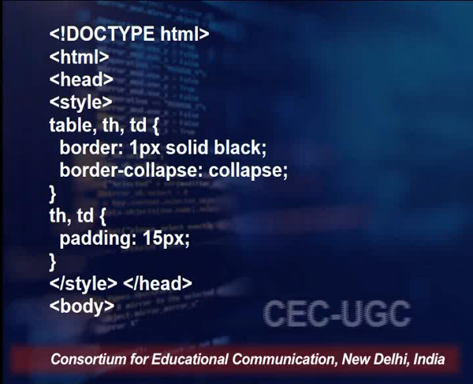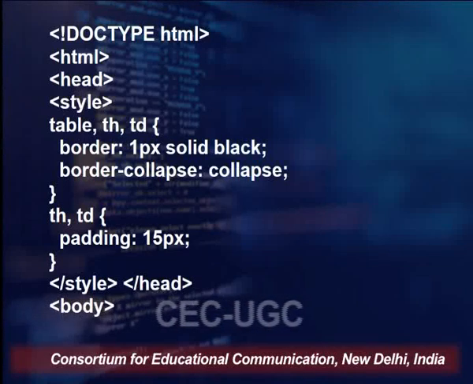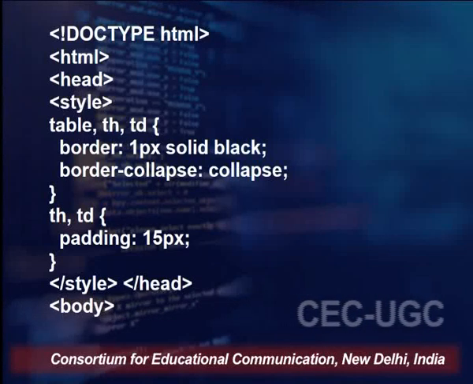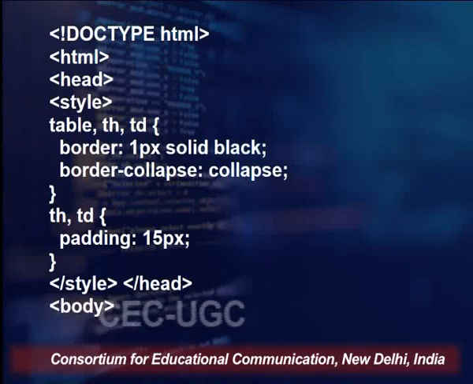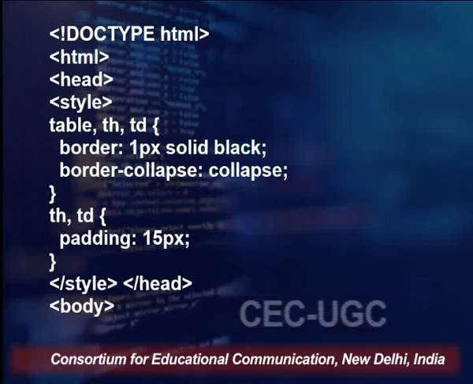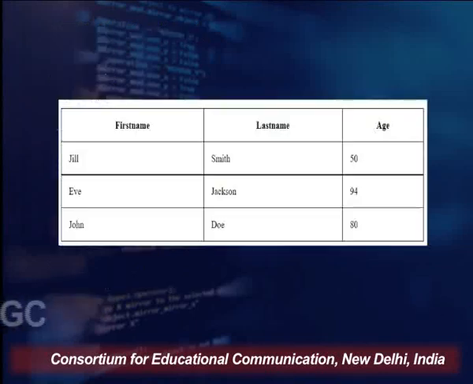Then for th and td, we have left out the table here because that is not relevant. Padding is for the cells, not for the table. So for th and td, which are the heading and data cells, I am going to write padding as 15 pixels, and then I will end the style and head and begin with the body.